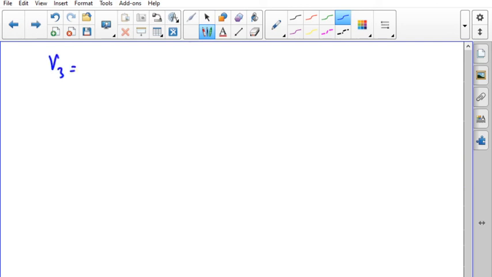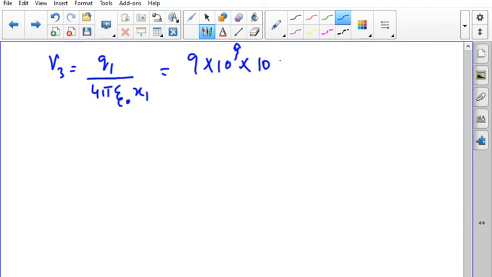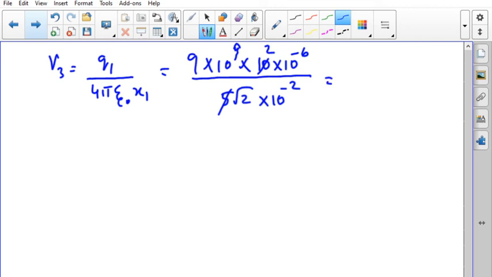V3 is equal to Q1 by 4 pi epsilon naught x1. The value of 1 by 4 pi epsilon naught is 9 into 10 power 9. Q1 is 10 into 10 power minus 6. And the value of x1 is 5 root 2 into 10 power minus 2. So this gets cancelled and this will become 10 power minus 4.